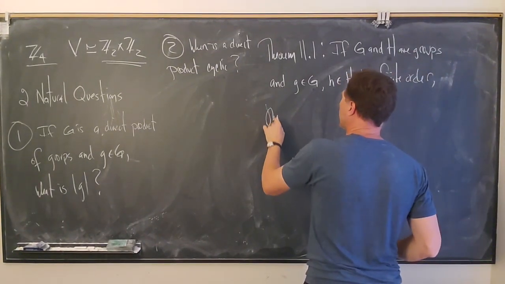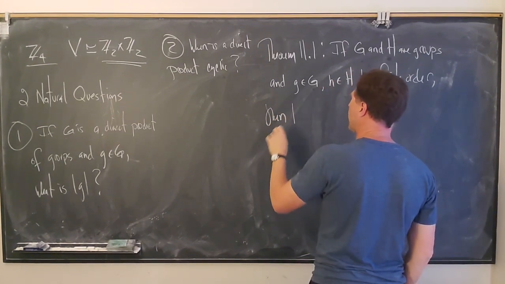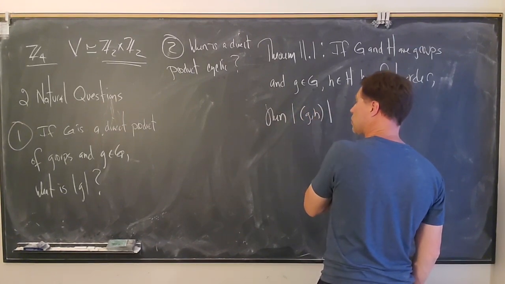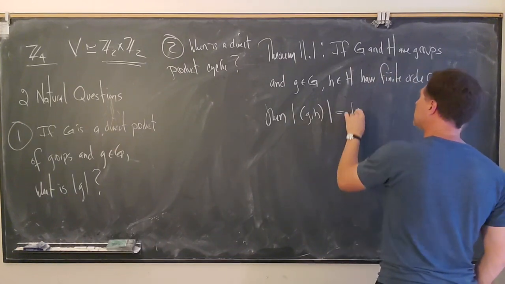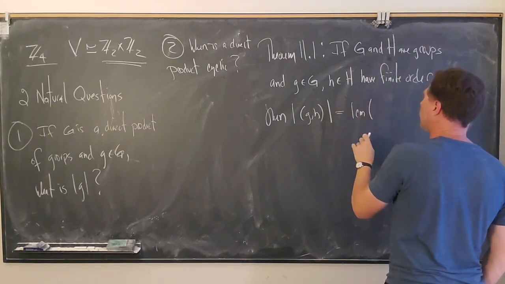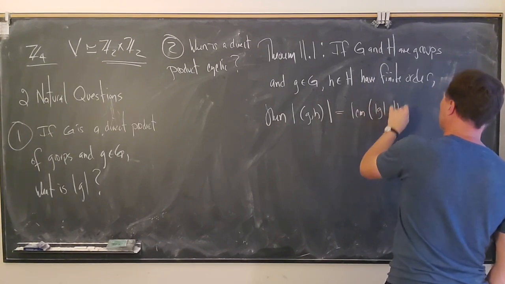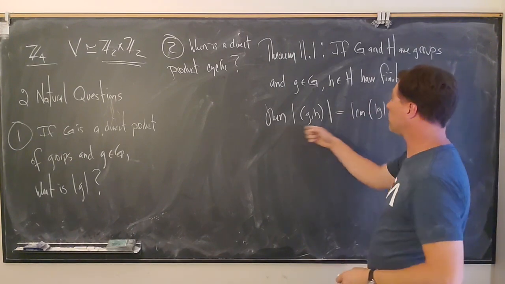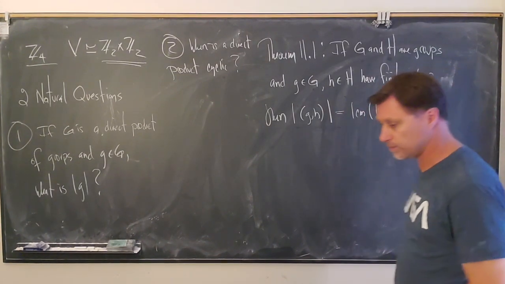Then we can look in the Cartesian product, and the question is, what is the order of (g, h)? It turns out that it's the least common multiple of the order of g and the order of h. Maybe not too surprising. So here we're computing the order within the direct product G cross H.